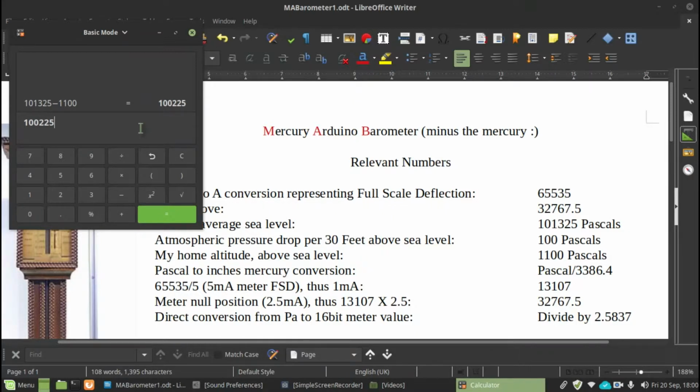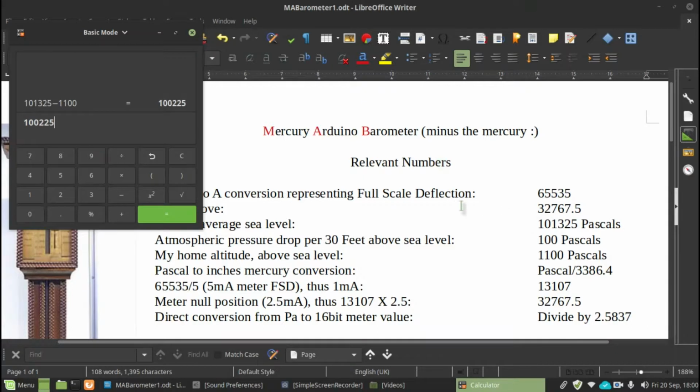That is what the normal average atmospheric pressure will be reading where I live when the sea level is at 101,325 pascals. So that's that.